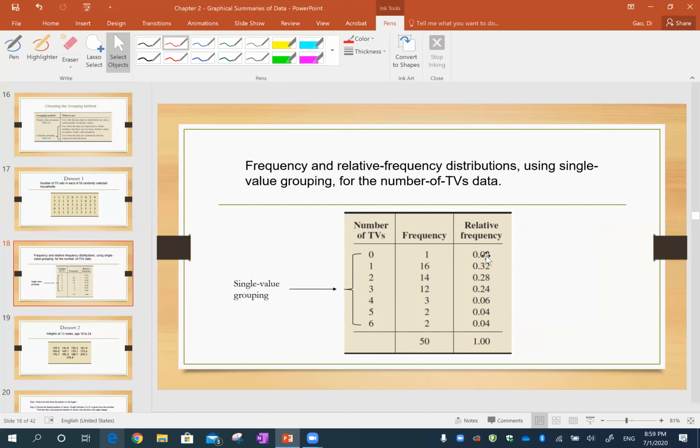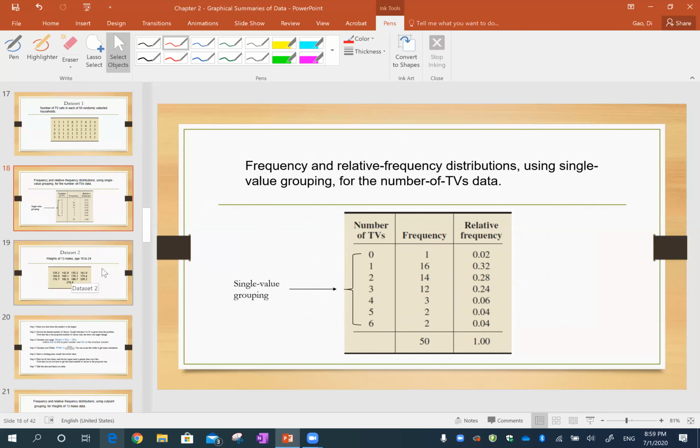This is very similar to the categorical or qualitative case. There you still have different categories, and naturally you have different groups. For data set 1, after we count, we have the frequency and then the relative frequency.